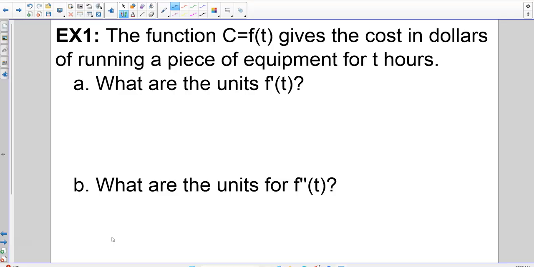So we've got the function c of t gives the cost in dollars of running a piece of equipment for t hours. Now, I, on purpose here, have not used x and y because it makes it a little bit easier when it's the typical x and y.